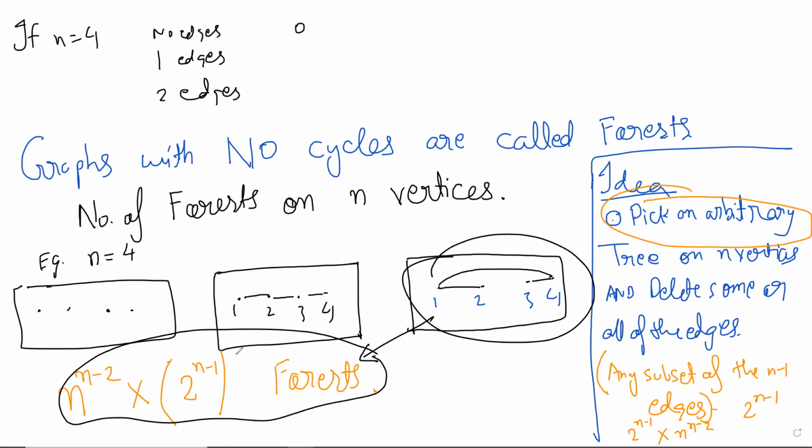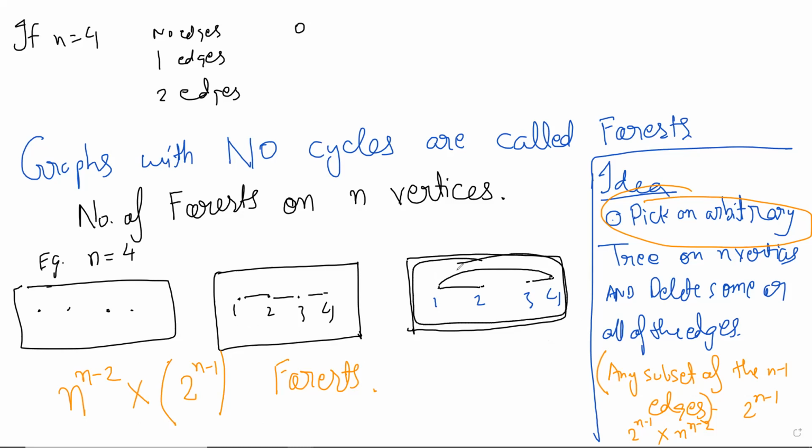The empty subset is also there, where he does not delete anything, right? But why cannot he get this? Because he will get this as a tree, right? This is a tree already. So this he will get, and then he will not delete any edge. So he'll get this as a forest. It's a forest, and he will get this in his counting, right? In this method, yeah.